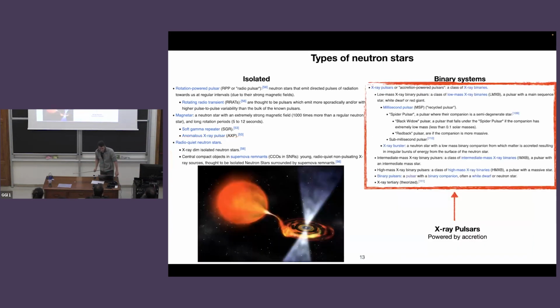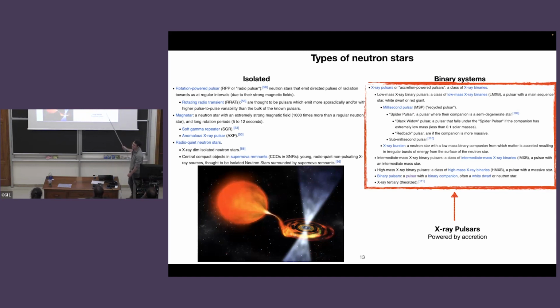All right. Then on the binary front, there's a whole bunch of different types. All of those are pretty much also pulsars, but in this case they are mainly producing X-rays, and the radiation is powered by accretion in the various binaries. All these different types are just different binary types, some with companion stars and so on.